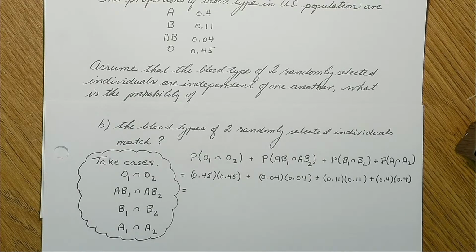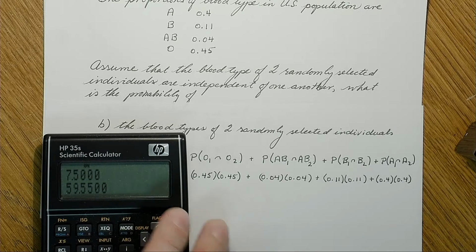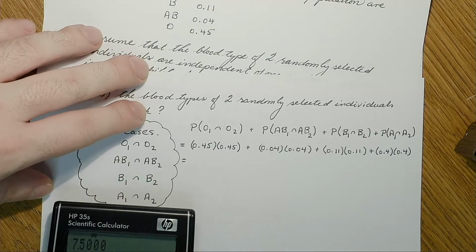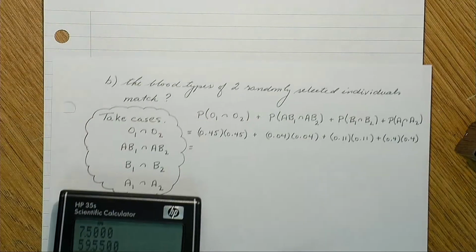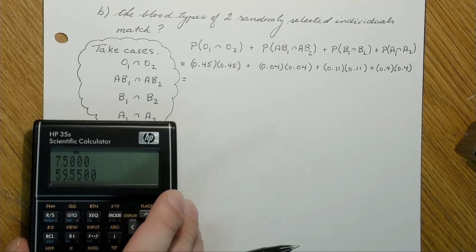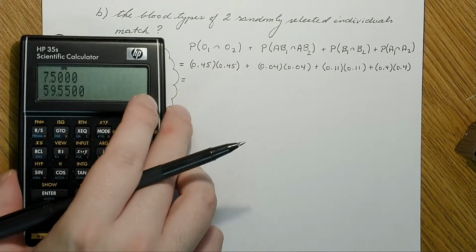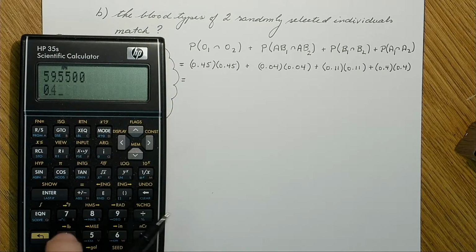And let me grab my calculator. So I'll double check. So I have 0.45 squared.